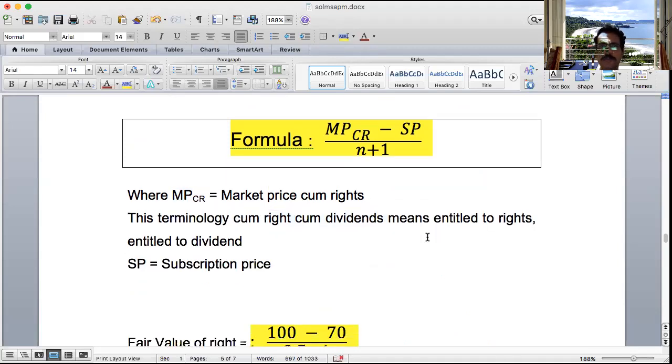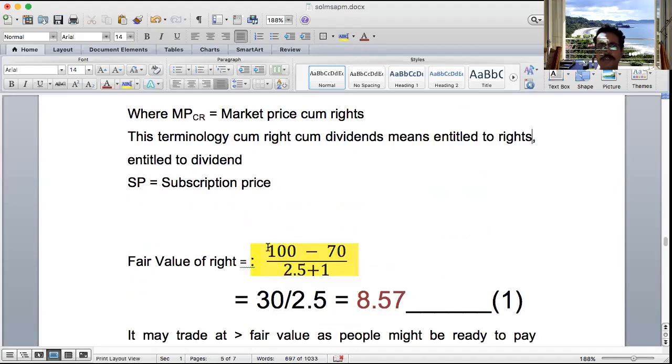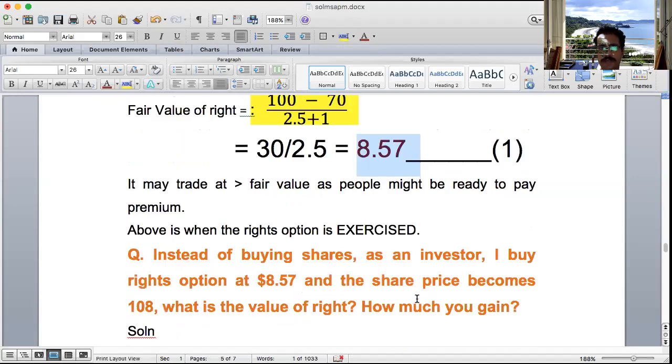Okay. SP is the subscription price. We plug in those values. 100 is the market price cum rights, minus 70, divided by 2.5 plus 1, and we get the fair value as 8.57.